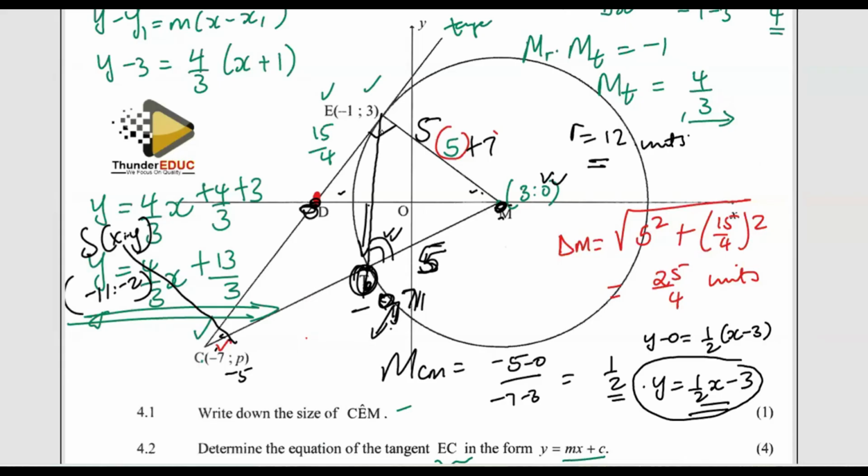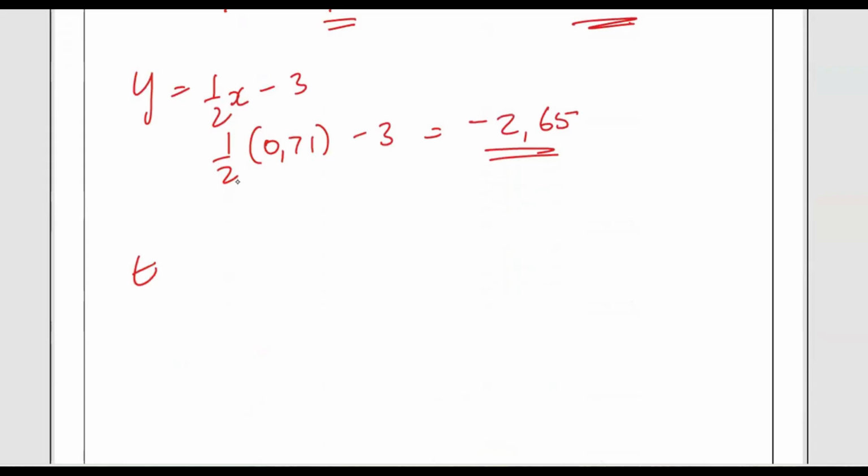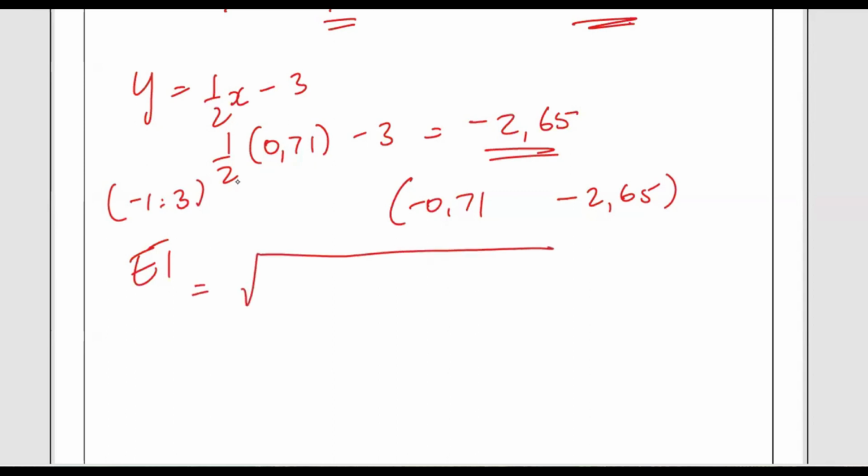Okay. So let me get my angle or my distance of ET. There's a shorter way, guys. No, man, for 5 marks. So ET is -0,71, -2,65. Our E was (-1, 3). So the distance there is the square root of x, which is (-1 plus 0.71) squared plus (3 plus 2.65) squared.